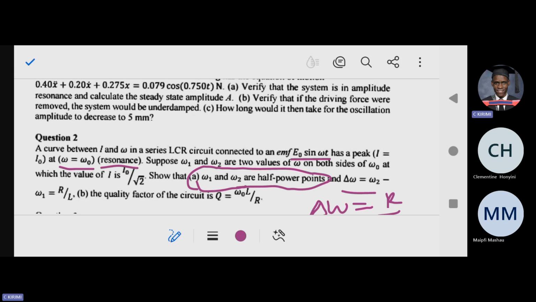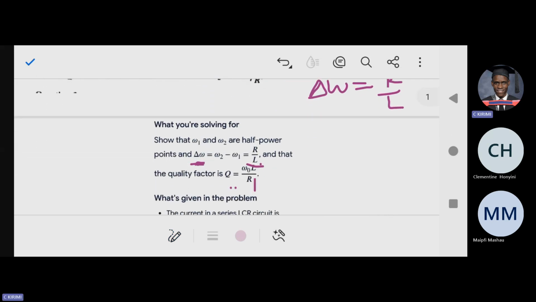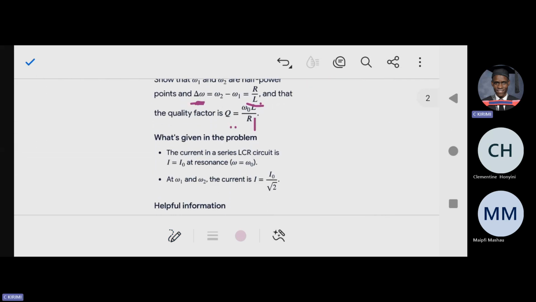This information was given. Are we together? Yes. The resonance was given, which is omega equals omega naught. We did not formulate these equations; they are given already. That's why it says it's given in the problem.